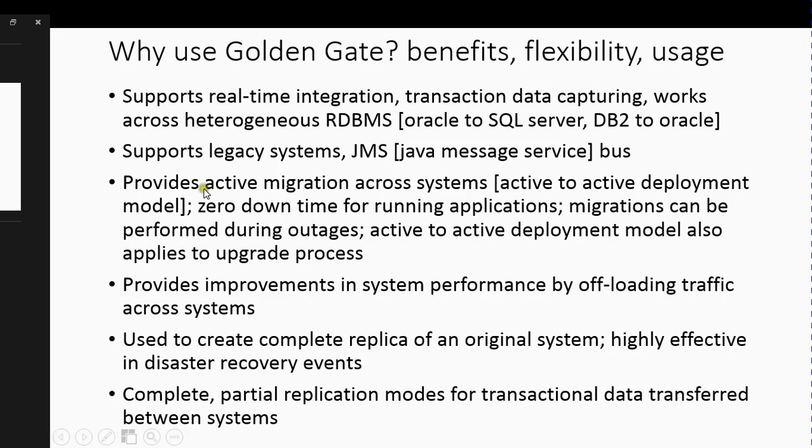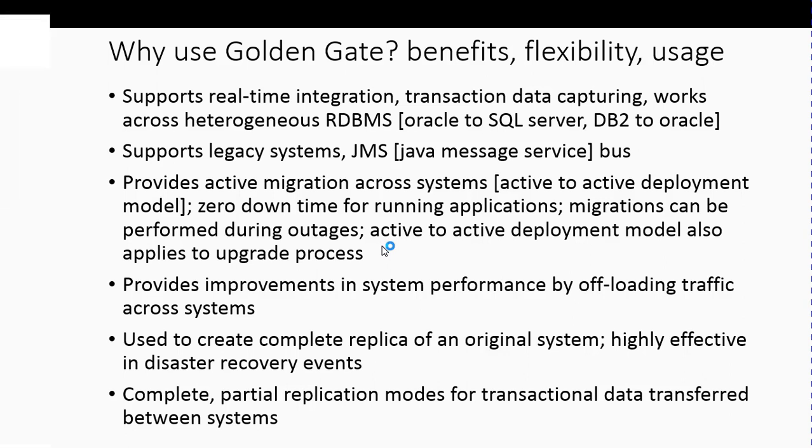GoldenGate software also provides active migration across systems. What that means is that you have an active-to-active deployment model. Both systems are up and running while the migration is ongoing, and you have zero downtime for both your systems and your applications. So if you experience an outage, you have two environments where the data is not being corrupted, so there's still data integrity.